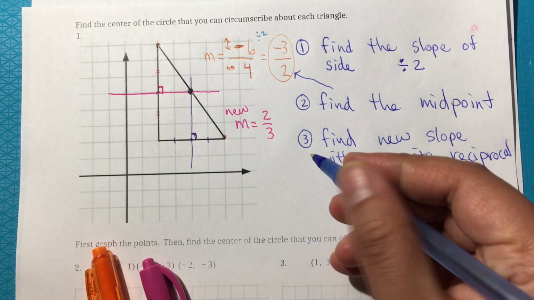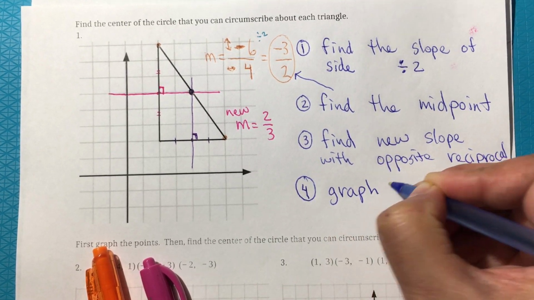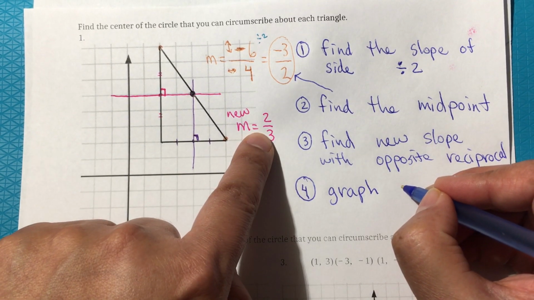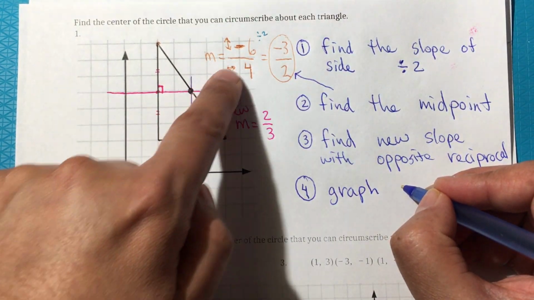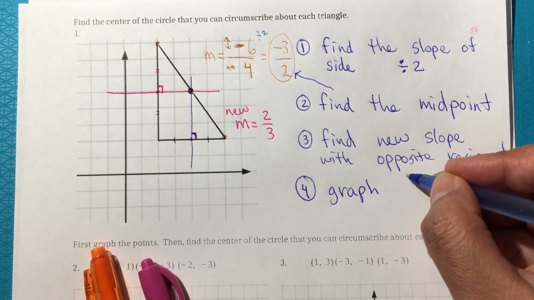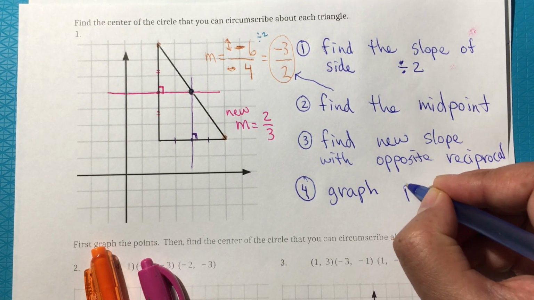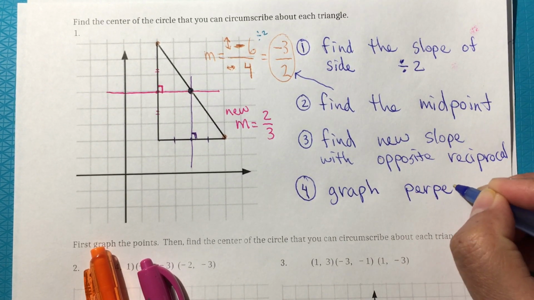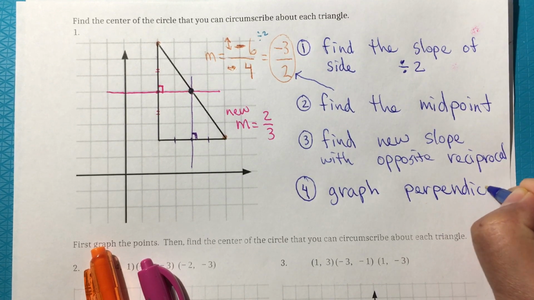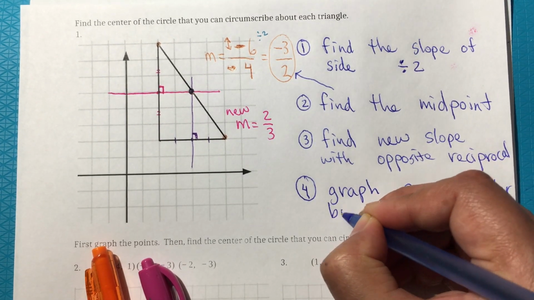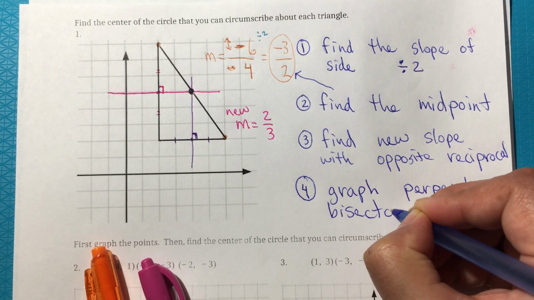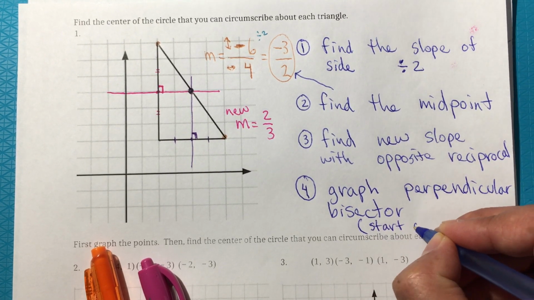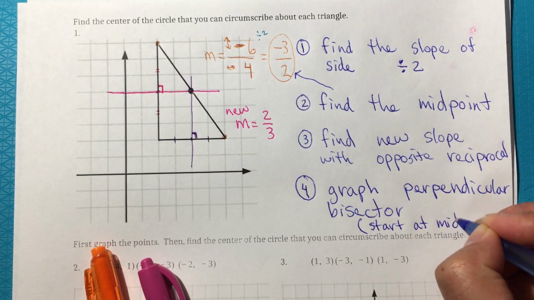And now with that, we're going to graph. With this new slope, we're going to graph the other point to find the perpendicular bisector. Okay, so graph perpendicular bisector. Put a note, start at midpoint that we just found.